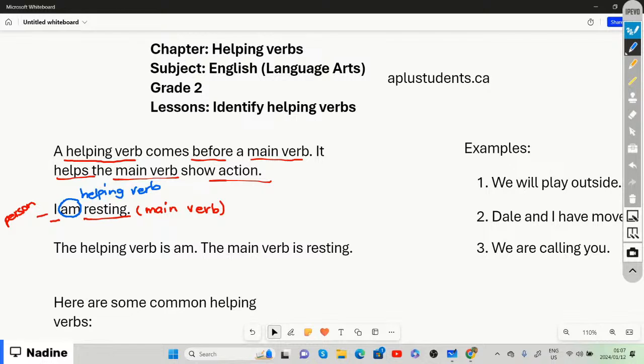I am resting. Or I am sleeping, or I am playing, right? But I basically shows the person that is doing the action. Resting is our main verb, which is the action. And the word am within that sentence that I circled is basically the helping verb that helps the main verb to show the action.